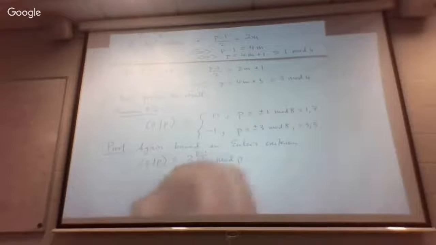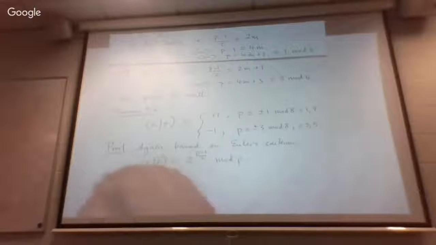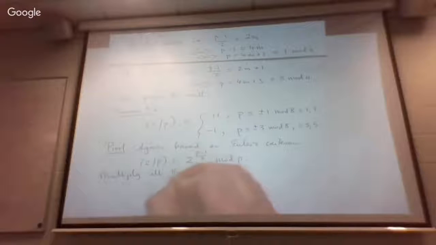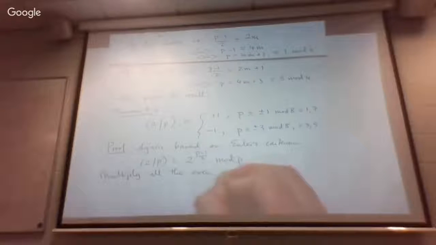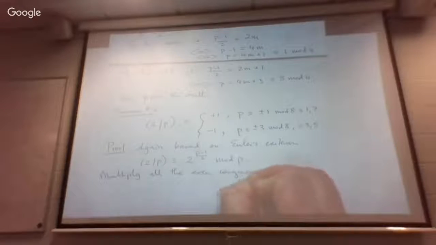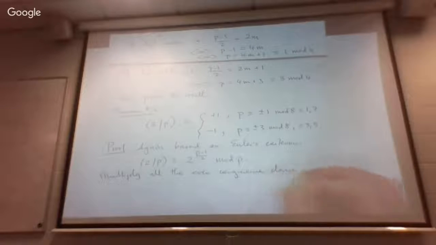One way is to multiply all the even congruence classes mod p. I mean, take all the even numbers.